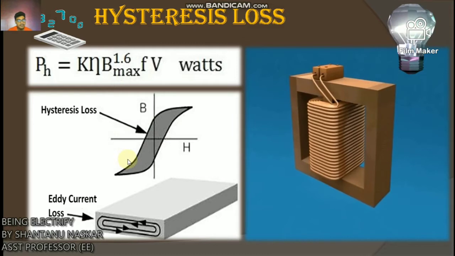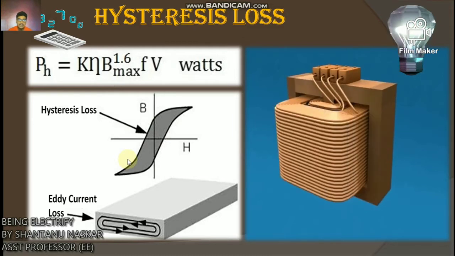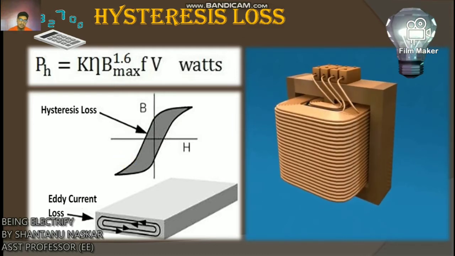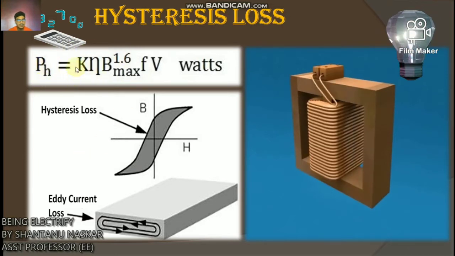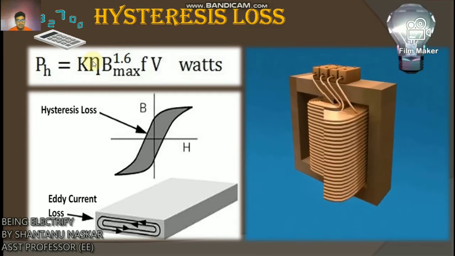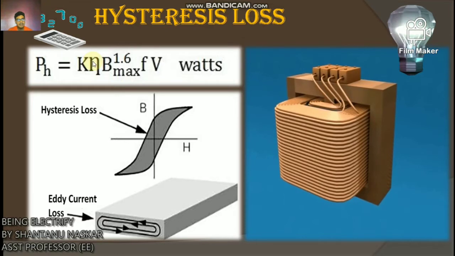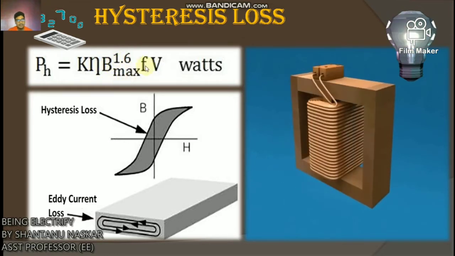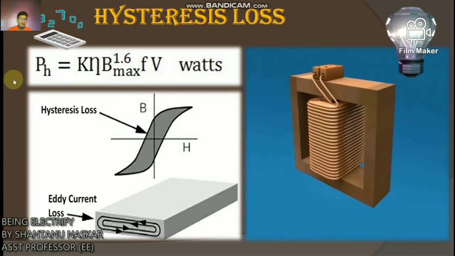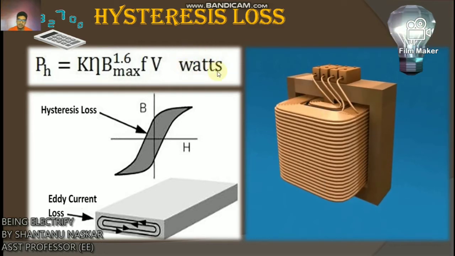Power is dissipated in the form of heat, known as hysteresis loss, and given by this equation: Ph equals K times B max to the power 1.6 times F times V watts. Because loss is power, the unit is watt.